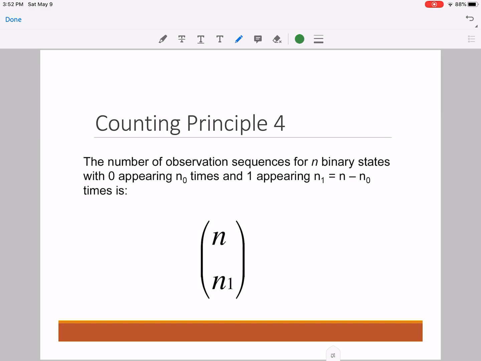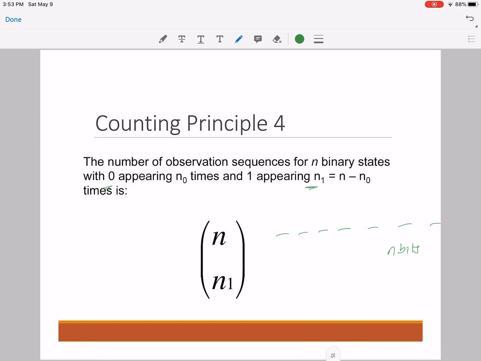This problem is quite pertinent to those people that perform analysis with digital systems. So consider that there are n bit positions, and each bit position can be either a 0 or a 1. Now, how many sequences are there with 0 appearing n0 times and 1 appearing n1 times?